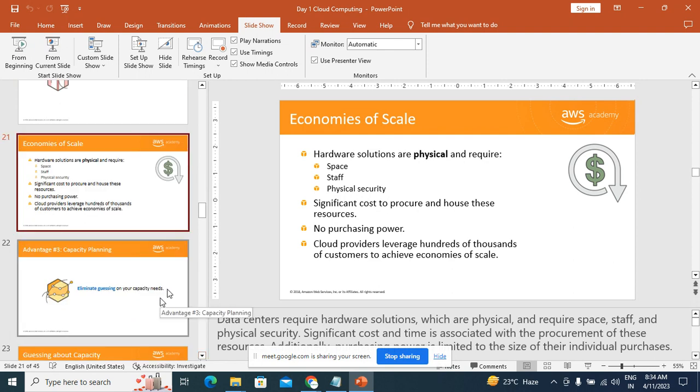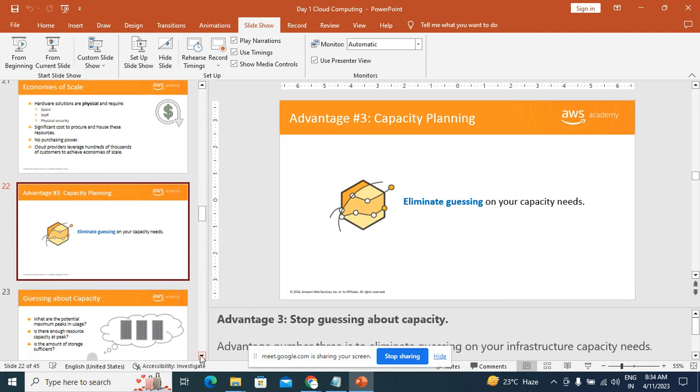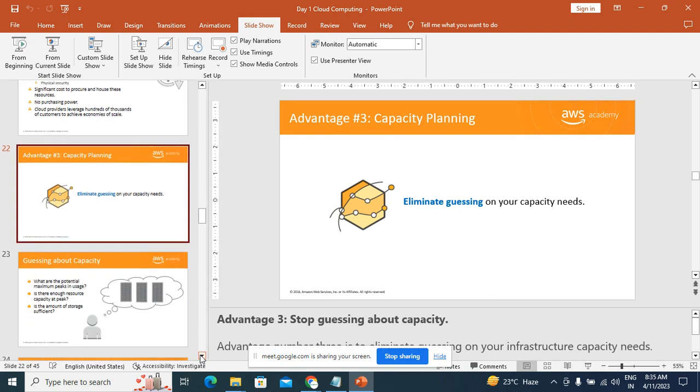The next important point is capacity planning. You can correlate this with an example: eliminate guessing on your capacity. As I told you the other day, we were discussing Flipkart, so take the same example of Big Billion Day.